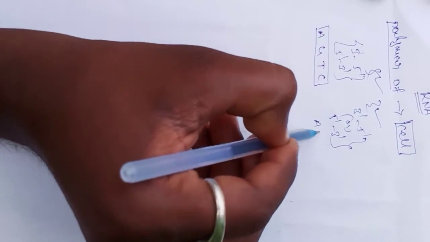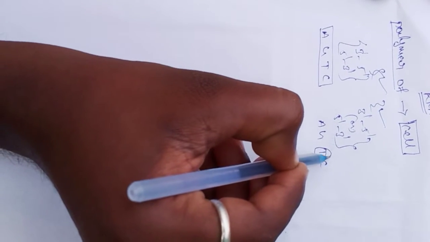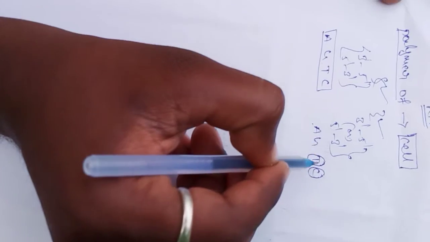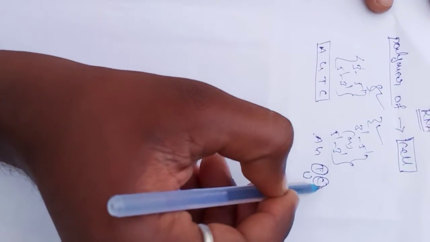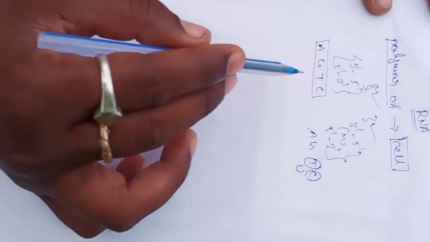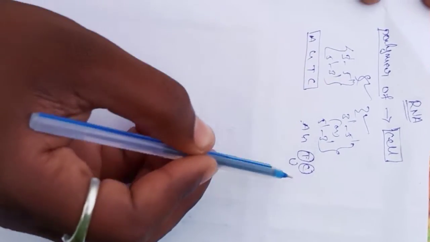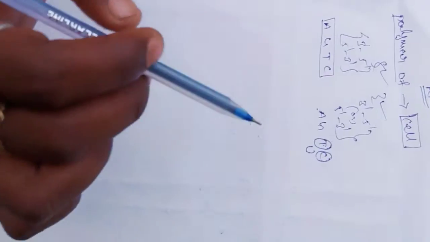In RNA, thymine is replaced with uracil, or cytosine is replaced with uracil. Adenine, guanine, thymine, uracil or adenine, guanine, cytosine, uracil. These four are present in the RNA. Thymine or cytosine replaced with uracil is known as the RNA. That is the main difference between DNA and RNA.